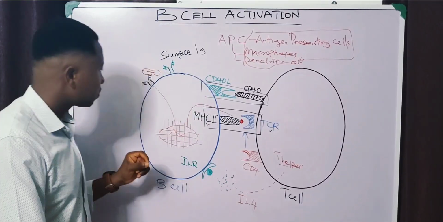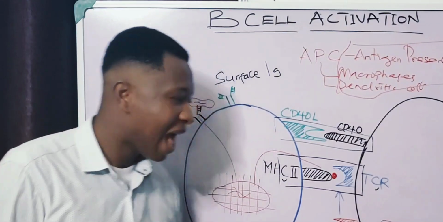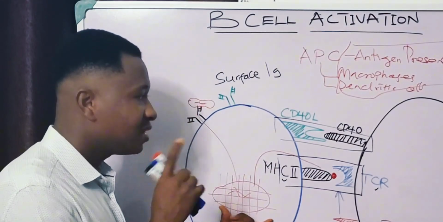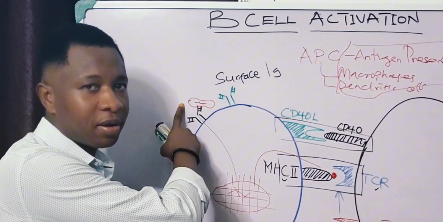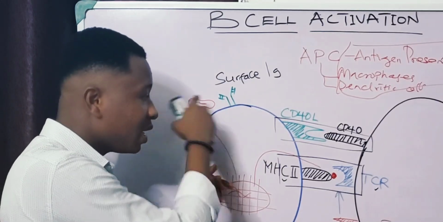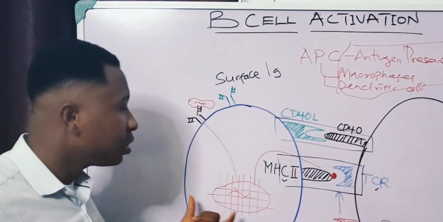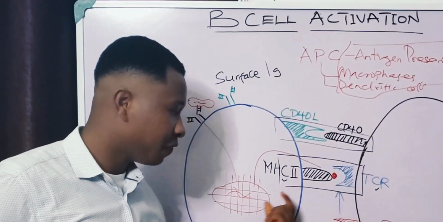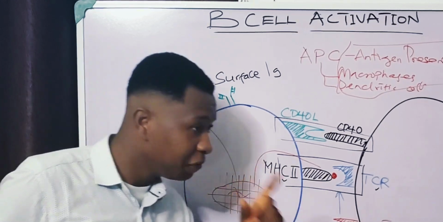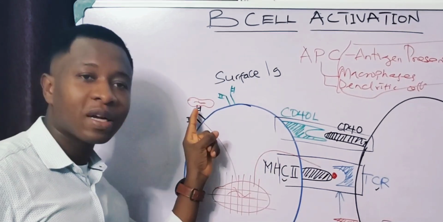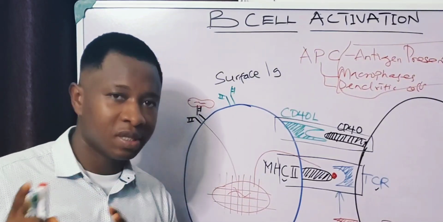That means that this B cell will only produce antibodies specific to this particular bacteria. It cannot produce any antibody that will kill any other type of bacteria. So the antibody produced as a result of the activation of this B cell will be specific to this particular bacteria. That's what we call antibody specificity.